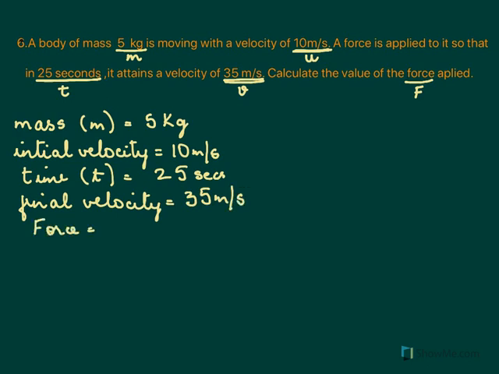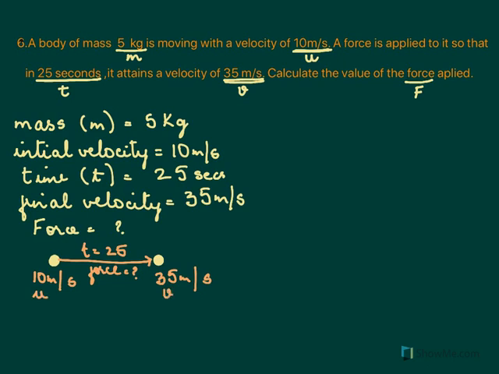We need to find the force. Let me just go over the sum again. So this is a body. So this body had an initial velocity of 10 meter per second. Then a force is applied, and because a force is applied, the velocity increases to 35 meter per second. All this happens in a time of 25 seconds. We need to calculate the force applied.